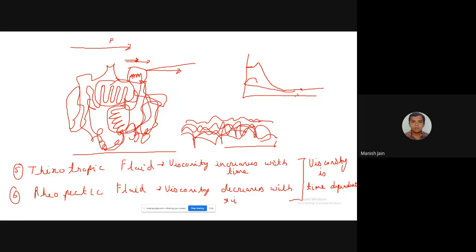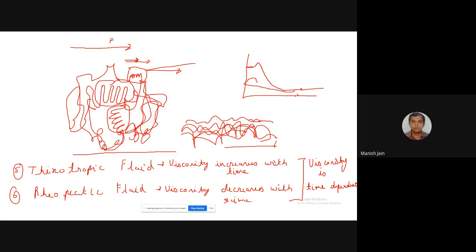And why do fluids behave in the thixotropic or rheopectic way? Why do you have some fluids where, even though you are not applying any shear force, with time the viscosity will increase, and why will the viscosity reduce with time? It happens when you have a reactive fluid.